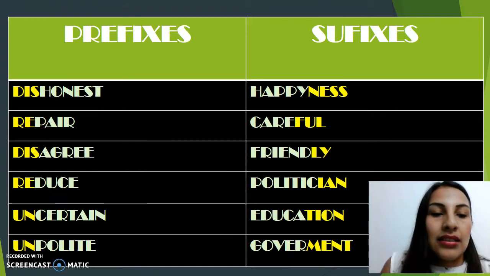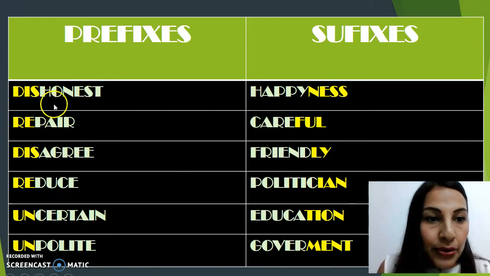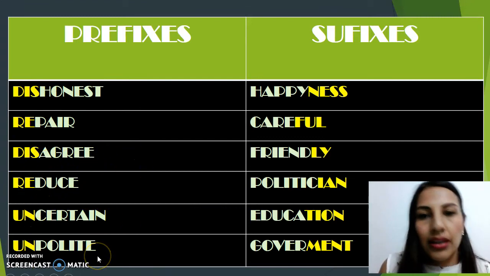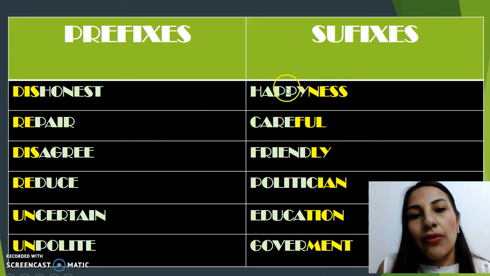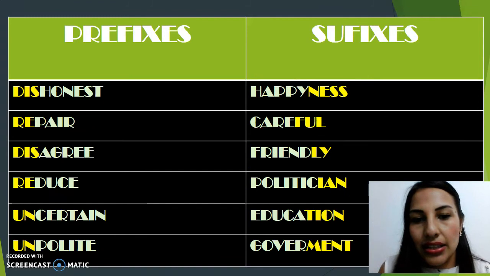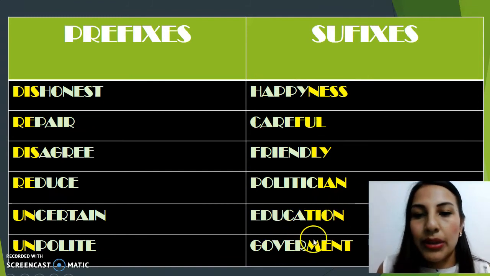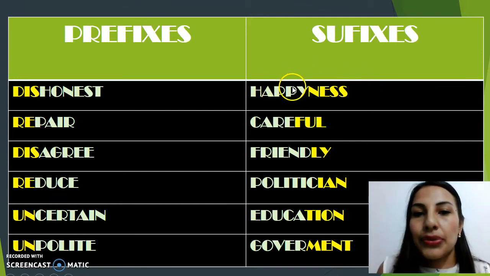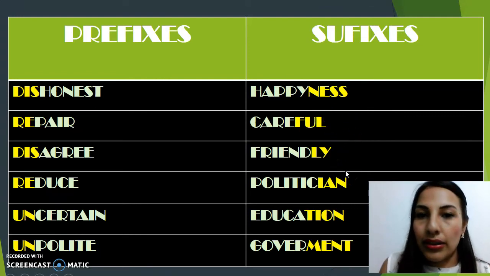Prefixes, as I said before, come before the root, like these words: dishonest, repair, disagree, reduce, uncertain, and impolite. And suffixes, we have happiness, careful, friendly, politician, education, and government. And in this part it is after the root: ness, ful, ly, ian, tion, ment.